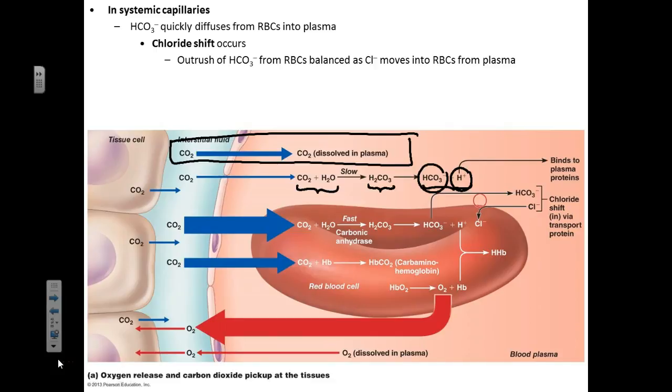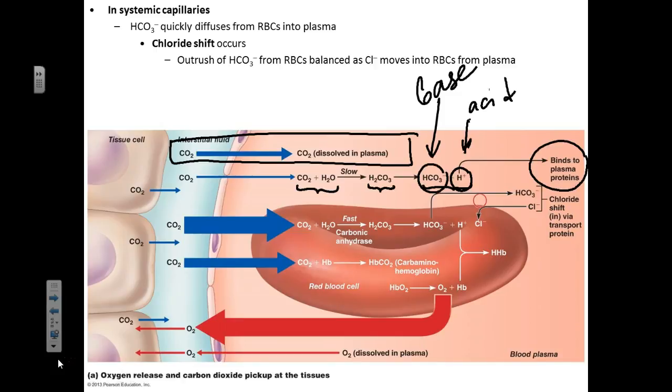Does anyone remember where we saw this reaction? In another organ system. Yes, in digestive. So this is sort of a universal reaction that produces acid and base. Okay? Now, acidity, sort of bad.